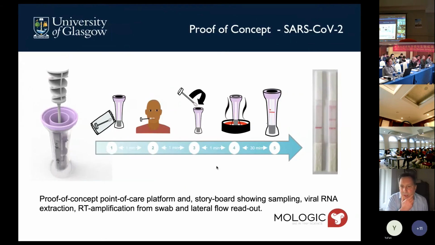So this is the work that we set out to do. This is our prototype device here that's got our lateral flow strip on the side. This is a swab which is taken from a nasopharyngeal sample.